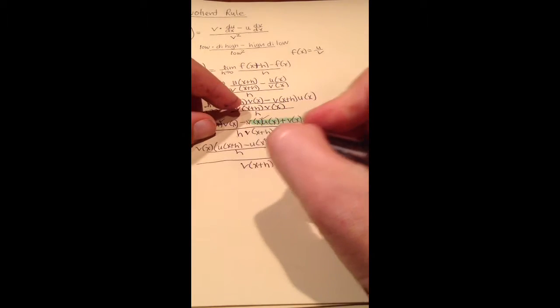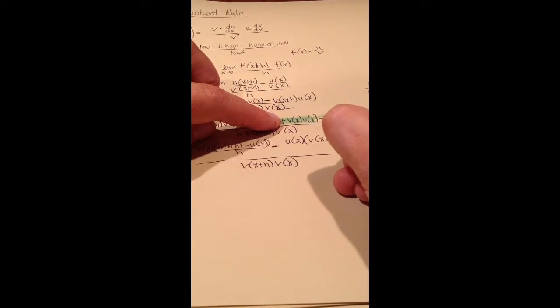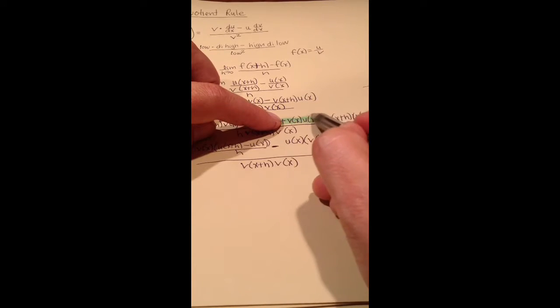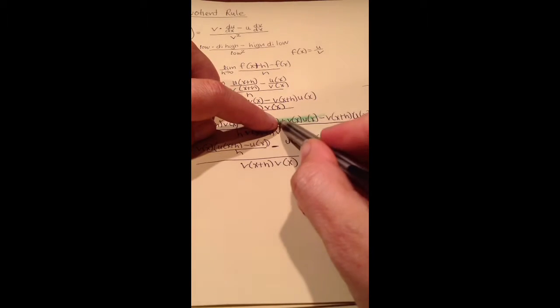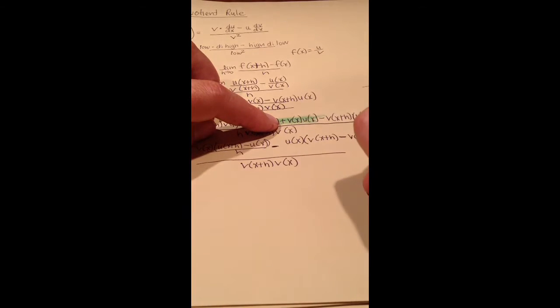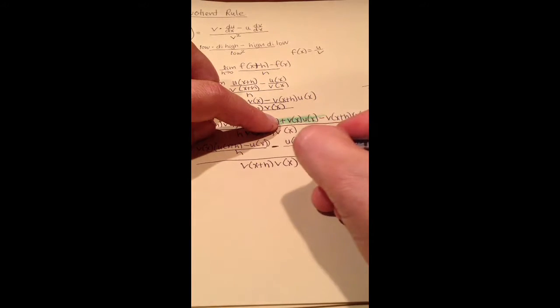Now this is positive, and I have a subtraction here, so I need to subtract this value, v of x. Okay, so I've taken a u of x out of both of them. I took this value first, so v of x plus h, and then subtracting a negative results in a positive v of x times u of x. And I'm also going to take the h for this expression.